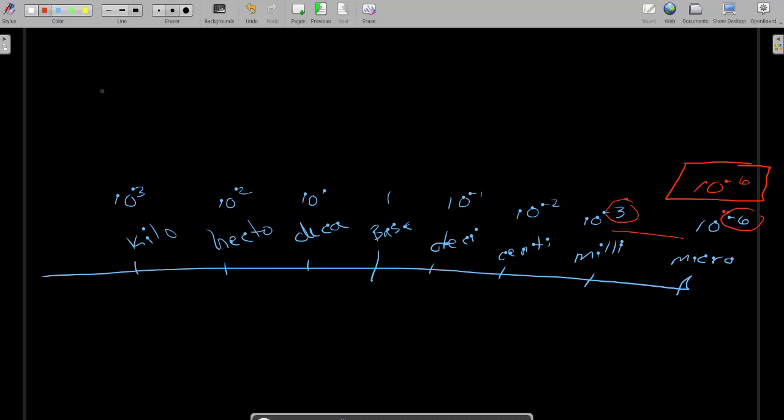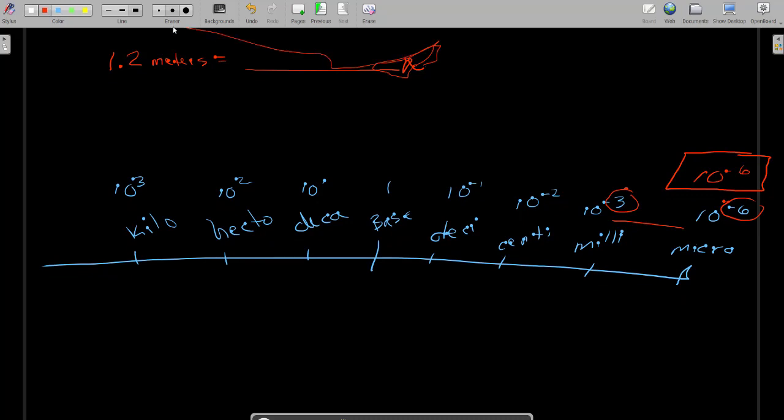So what do I mean by that? Well, let's just go from base units to micro. If I had 1.2 meters and I wanted to know how many micrometers, I need to make that little upside down U, sorry about that.